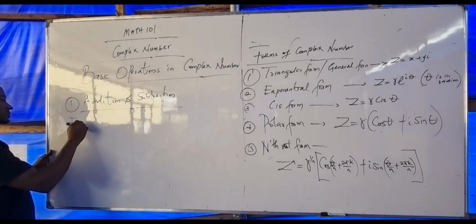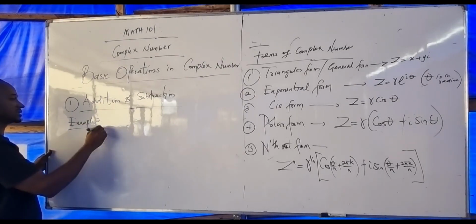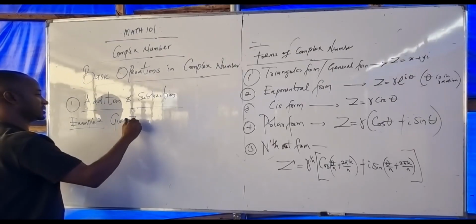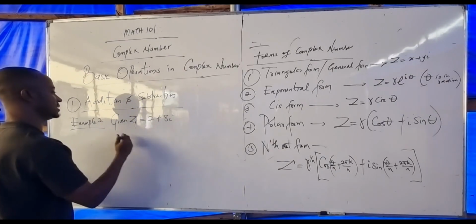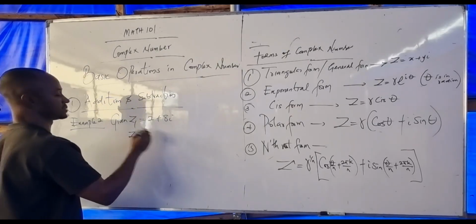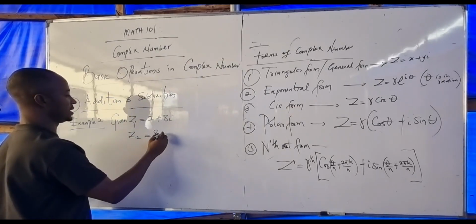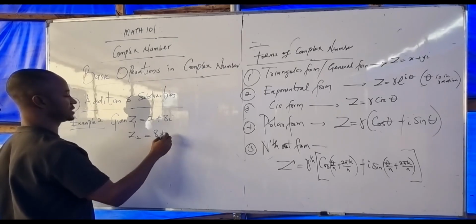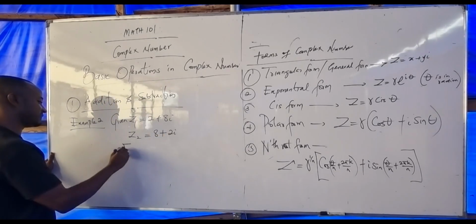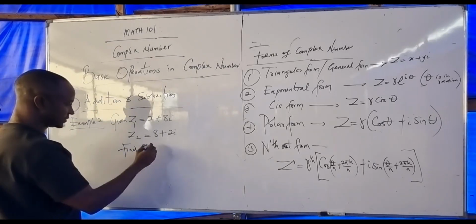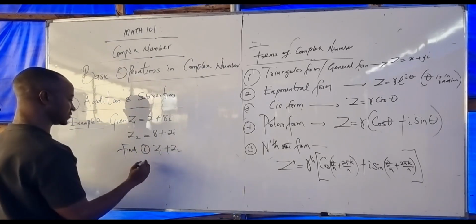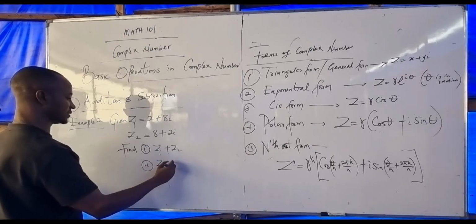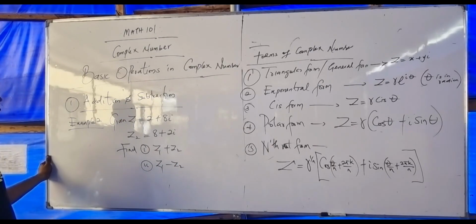Example 2, for instance. If we are given z1 equals 2 plus 8i and z2 equals 8 plus 2i, and we also find number 1, z1 plus z2. Number 2, z1 minus z2. We have to add.